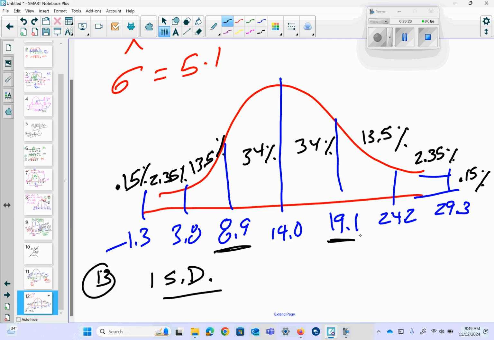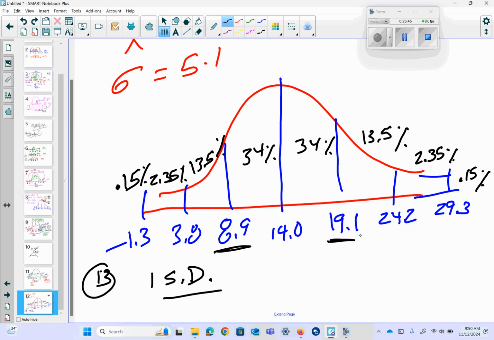No. And then what percent lie within 3 standard deviations of the mean? So we're going from negative 1.3 to 29.3. That's 22 out of 22, which is 100%.